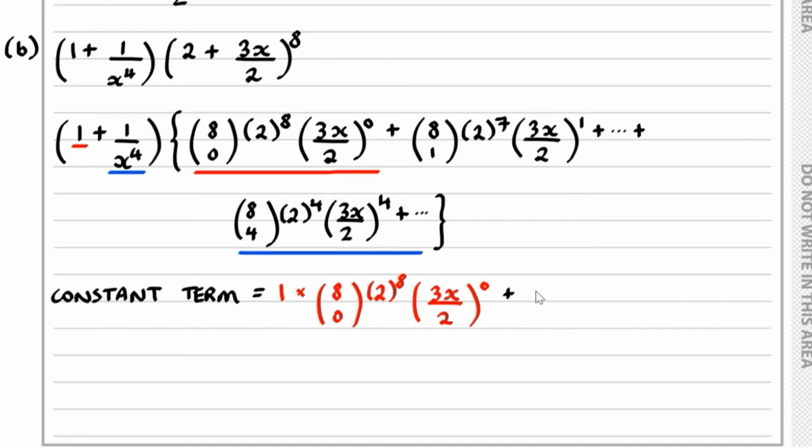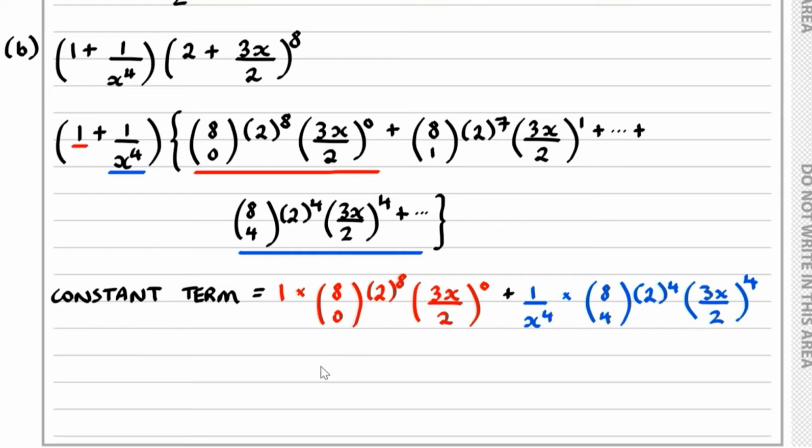So we've got 1 over x to the 4 multiplied by 8 choose 4, 2 to the 4 multiplied by (3x over 2) to the power of 4.